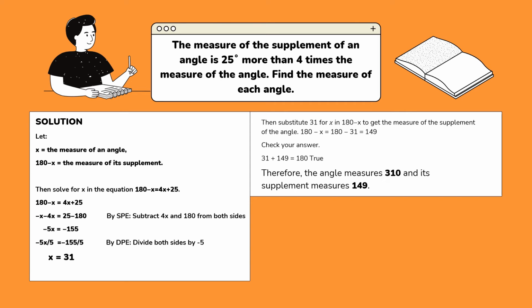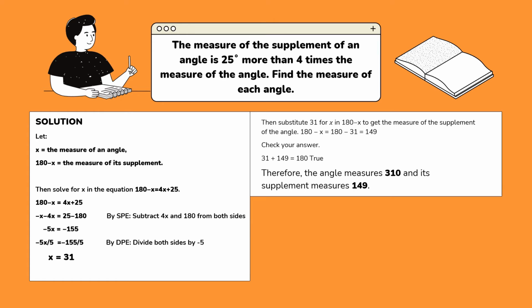Okay? Then substitute 31 for x in 180 minus x to get the measure of the supplement of the angle. 180 minus x is equal to 180 minus 31. Okay, so we'll get 149.